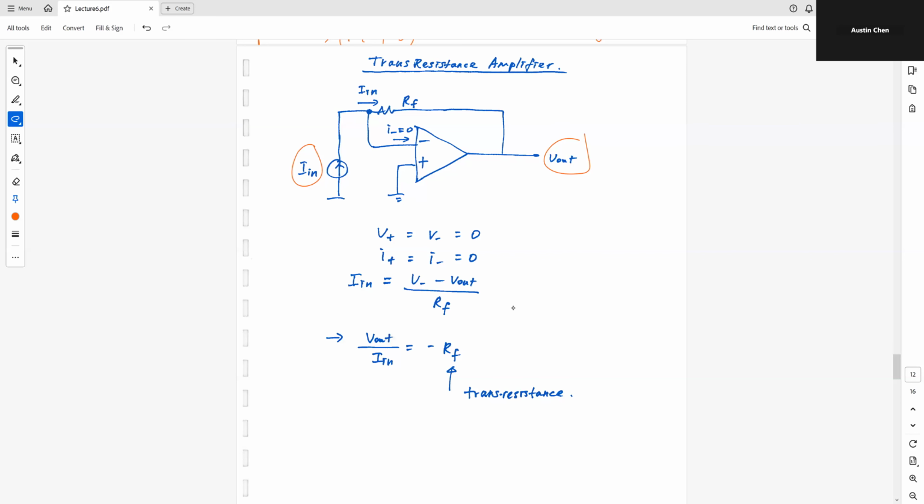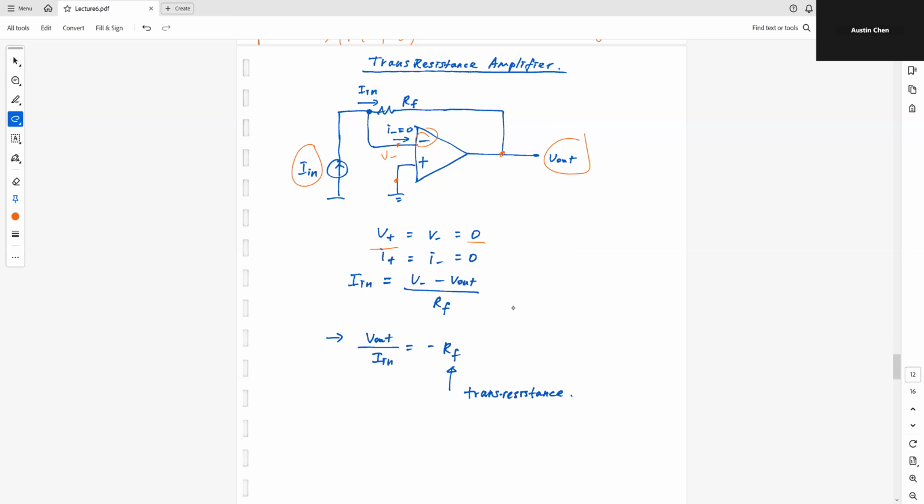We have that, because we know the output is going back to the negative terminal. So with that, we know that V plus is connected to ground, so it's equal to 0, and due to the virtual short, V minus is also equal to V plus, which is equal to 0 as well.